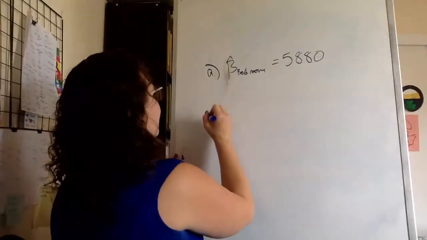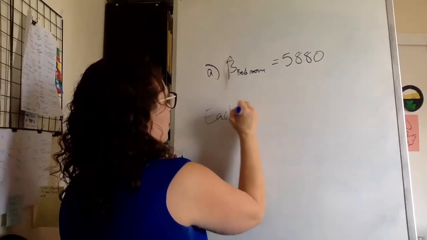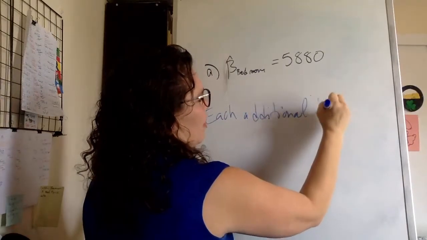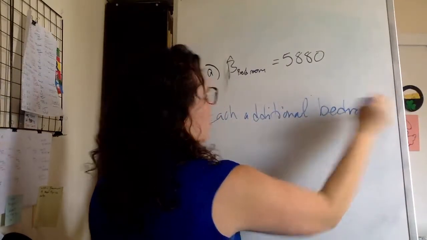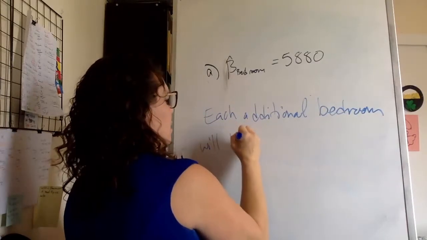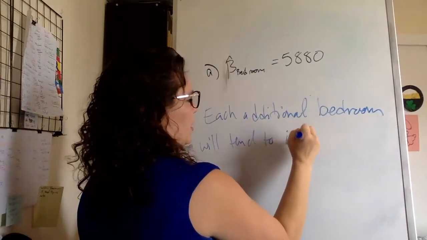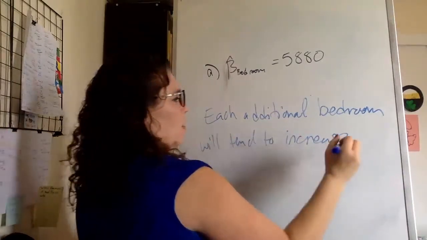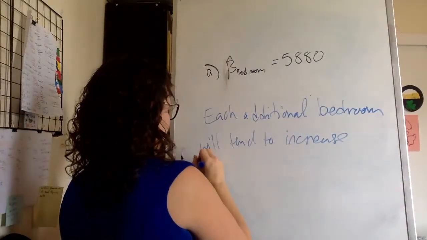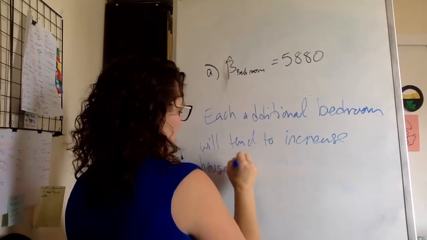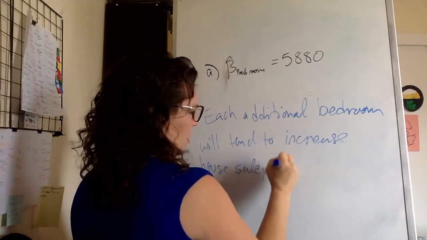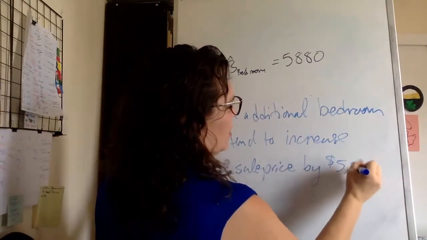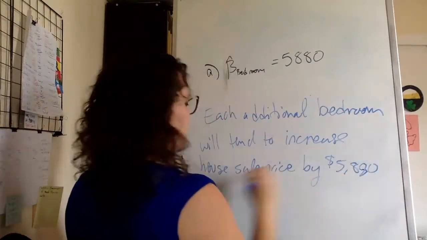We'd say each additional bedroom will tend to increase, because it's positive, house sale price, because that's our Y variable, by $5,880.